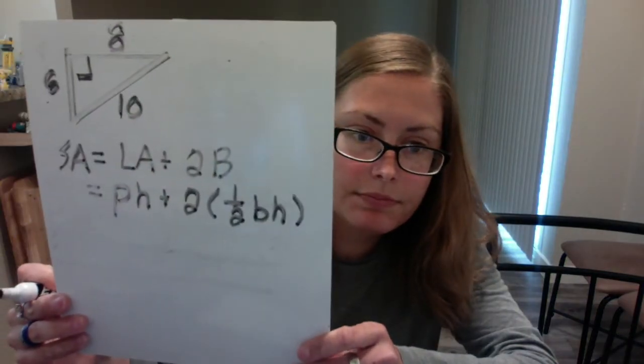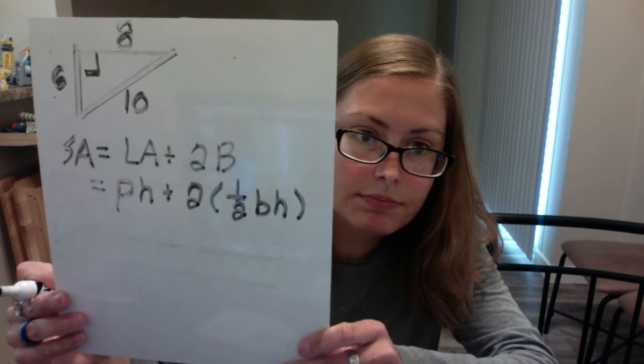Our lateral area is our perimeter times our height plus 2 times our base, which is 1/2 base times height. Our perimeter is 8 plus 6 plus 10, which is 24.